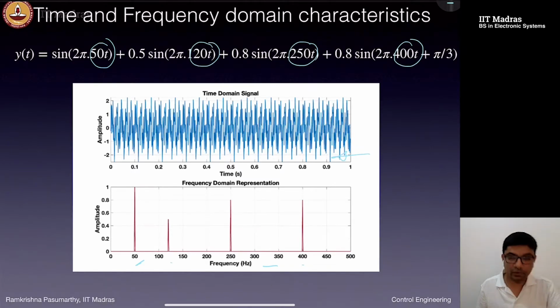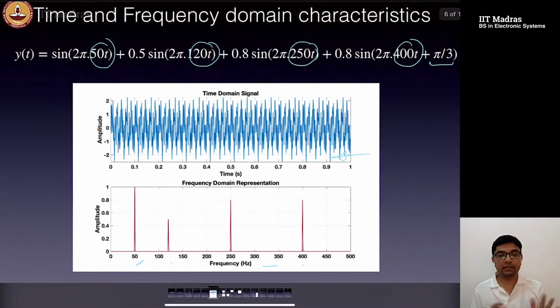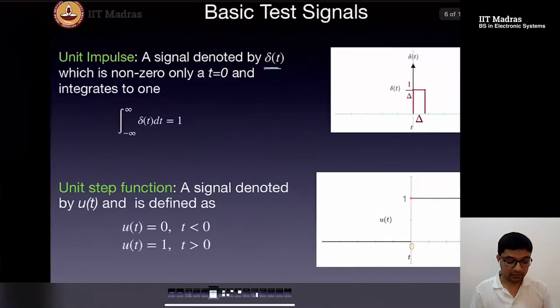These four are beautifully captured in the frequency domain plot. Similarly, I can also do this for the phase shift, except I think in this signal none of them have a phase shift. This gives a little indication of how different representations of signals help us visualize in different ways.